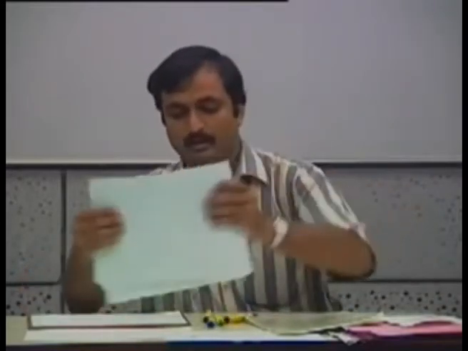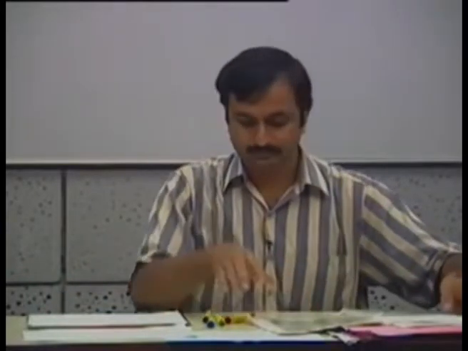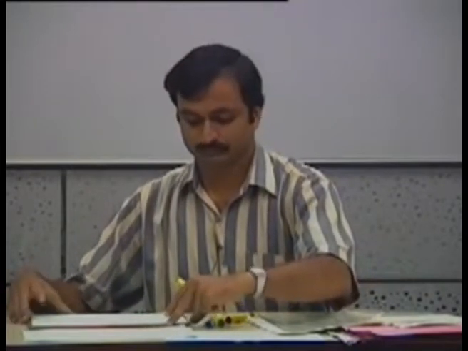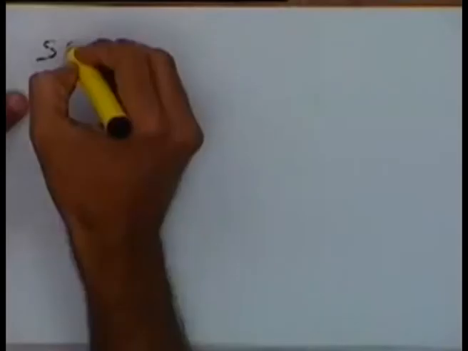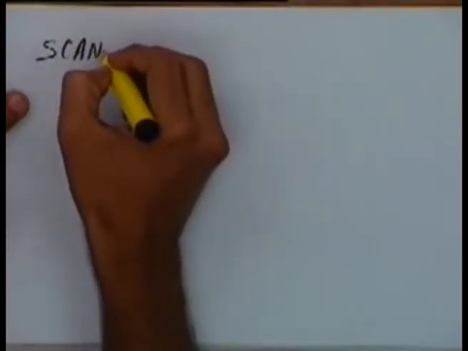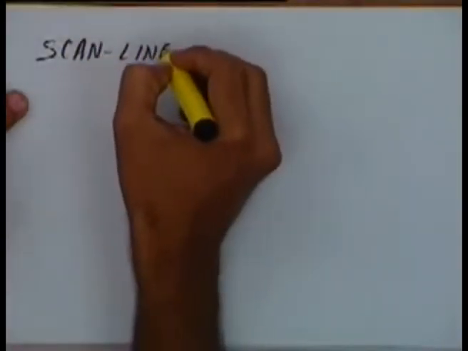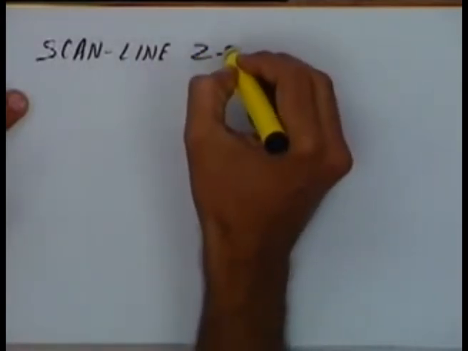Then we'll go on to the next algorithm, which is a slight modification of this algorithm. This is called the scanline Z buffer algorithm.